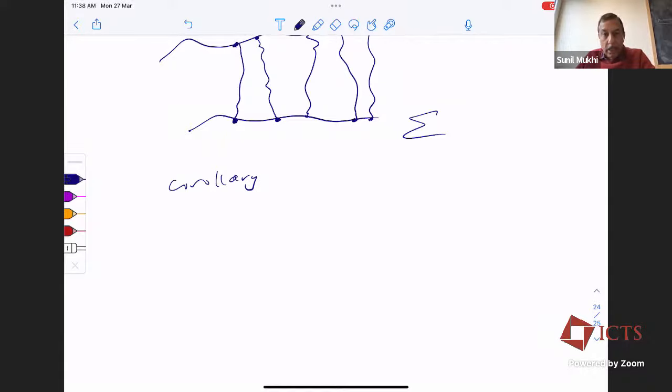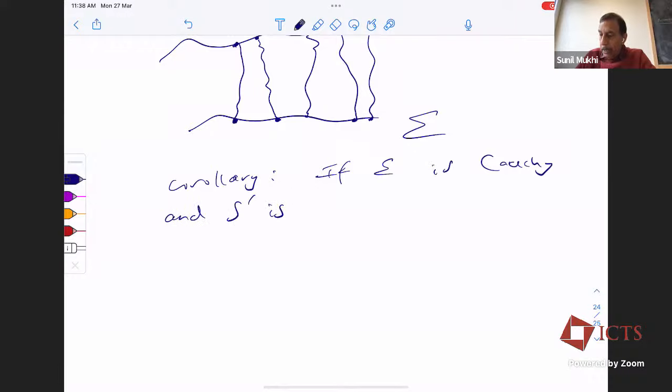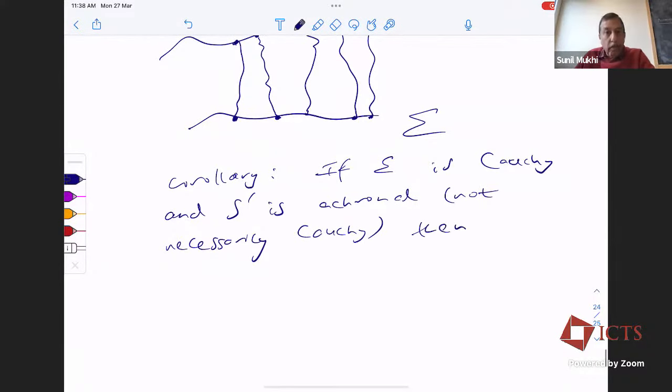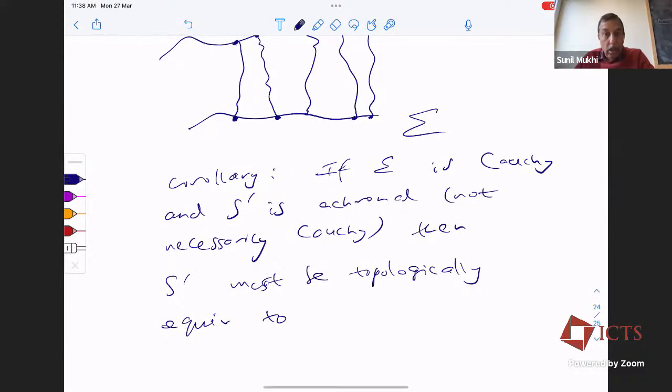Even a portion: if sigma is Cauchy and S prime, I'll call it S prime because it is what I called sigma prime before, but now I'm allowing it not to be Cauchy, is a-chronal, not necessarily Cauchy, then S prime must be homeomorphic, or let's just call it topologically equivalent, to a portion of sigma.